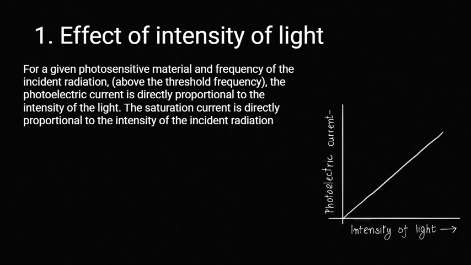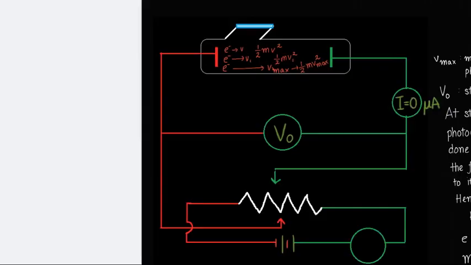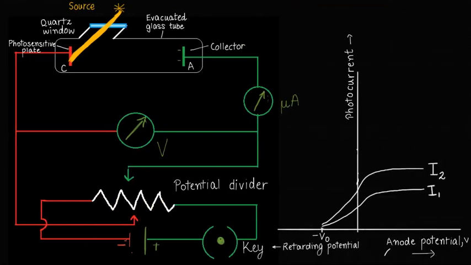Why? Because more photoelectrons are generated. Therefore, you will get a similar type of curve. See the shape of the curve, they are similar. The only difference is that you get a curve with a higher photocurrent. This has a higher saturation current compared to intensity I1.